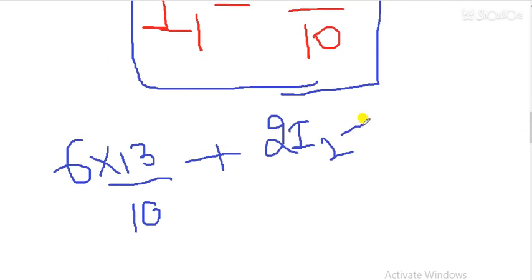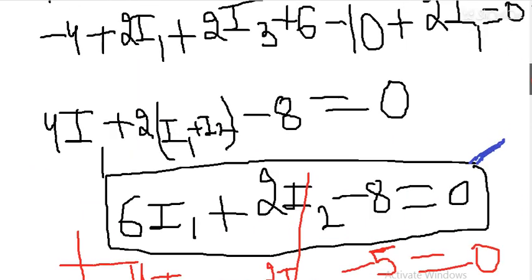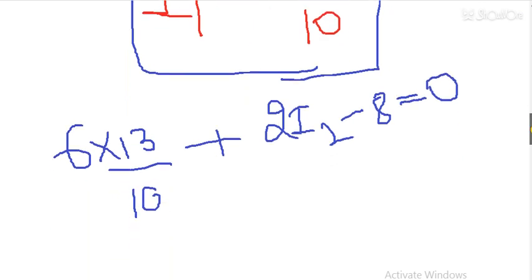So 6I1 means 6 into 13 by 10, plus 2I2 minus 8 equal to 0. This was minus 6 or plus 6? Plus 6. So it was plus 6.